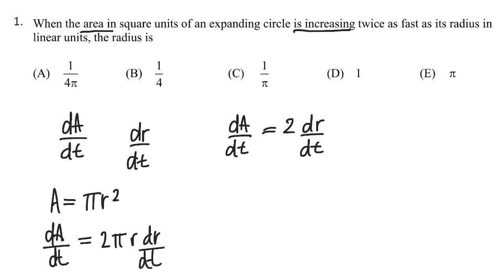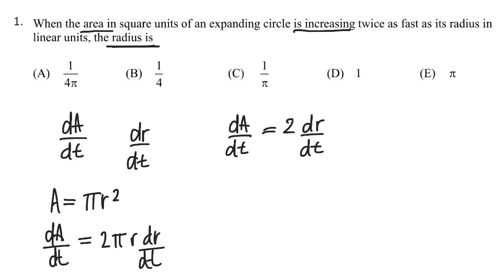Now notice what it's asking us to find. We need the measure of the radius when this happens. So notice I do have a relationship here with dr dt and area, so I could make a substitution here.